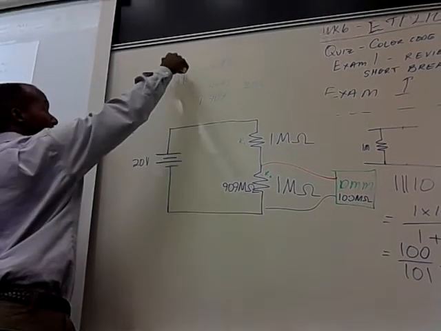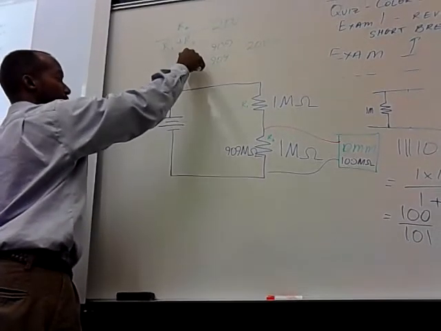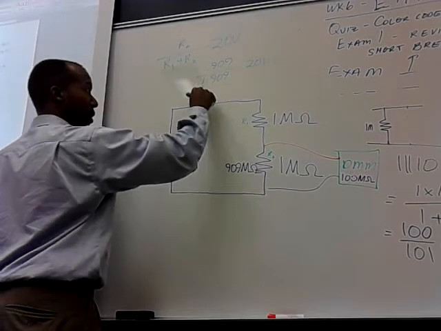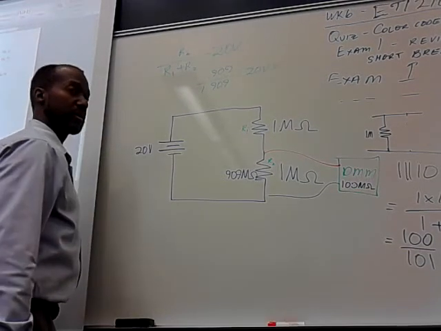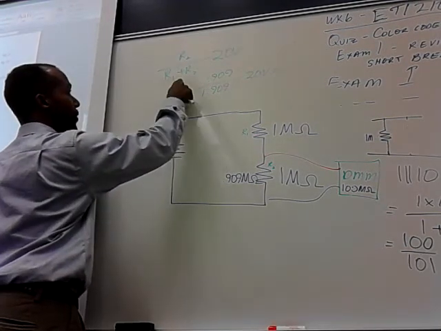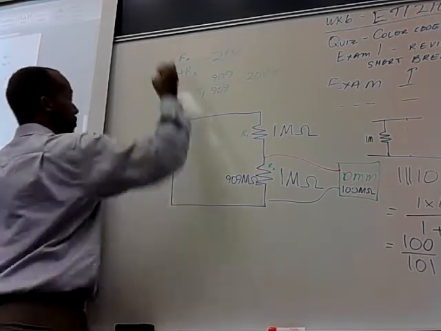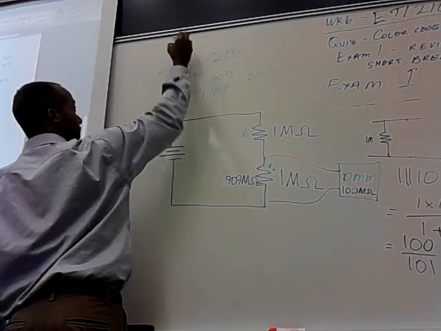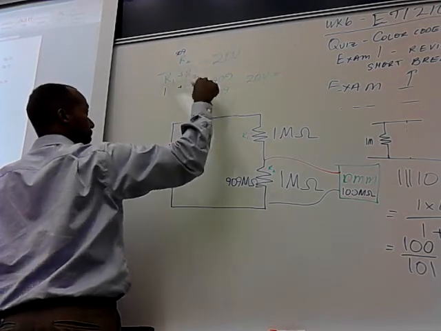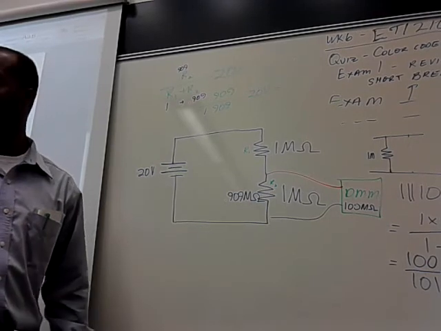Okay, so I got R2, which is 0.909, divided by R1 plus R2, which is 1 meg plus 0.909, which is 1.909. So 0.909 over 1.909 times 20, and what do you come up with? 9.47.